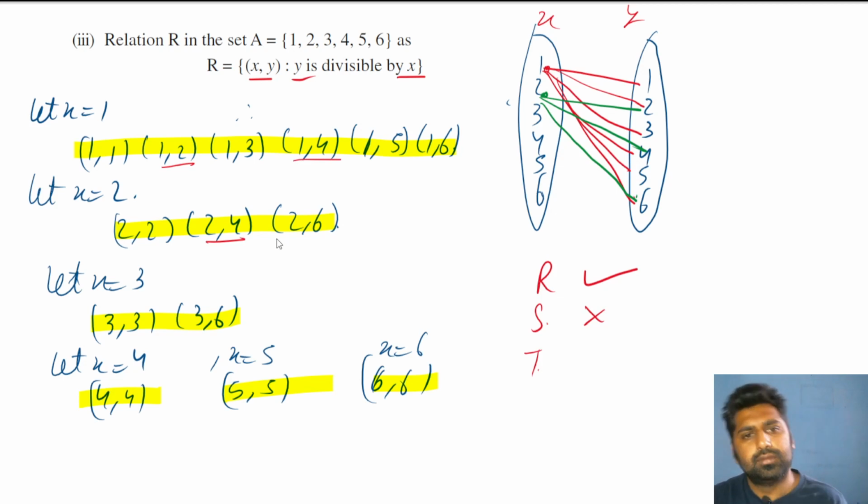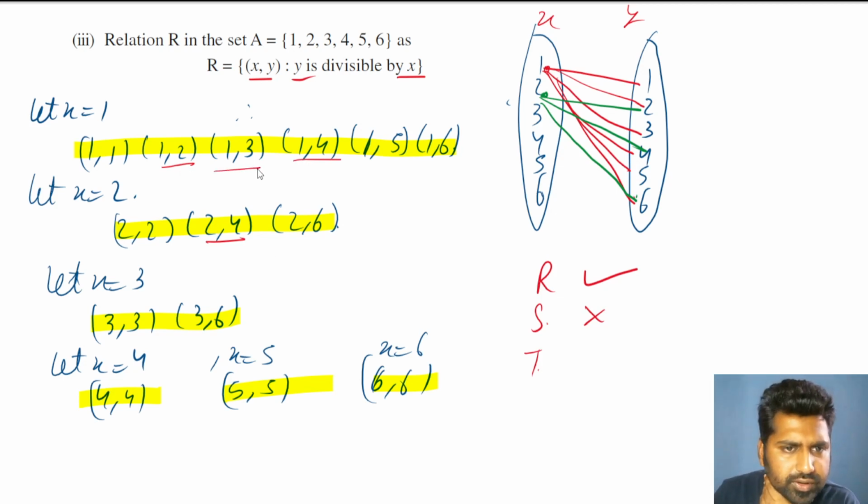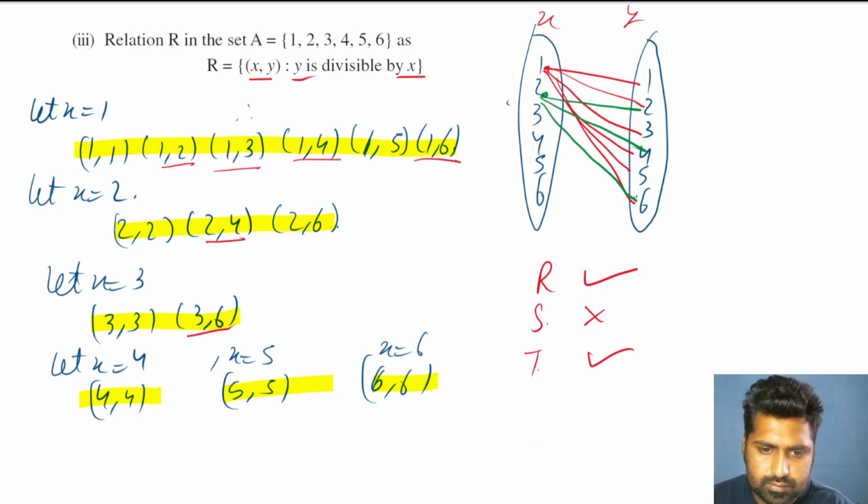Also 1 comma 3, 3 comma 6, 1 comma 6 is satisfied. So yes, transitive also. So the third one is reflexive but not symmetric, but transitive.